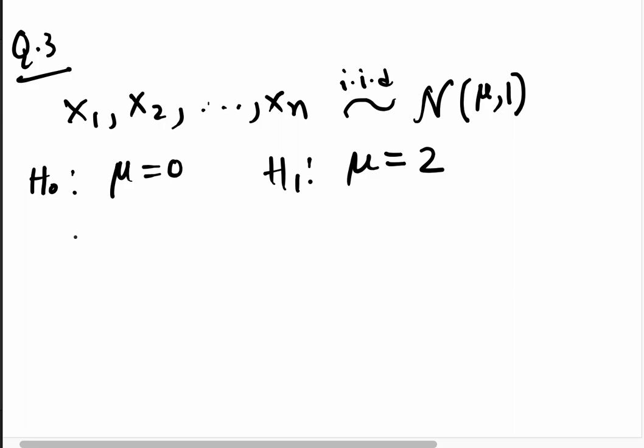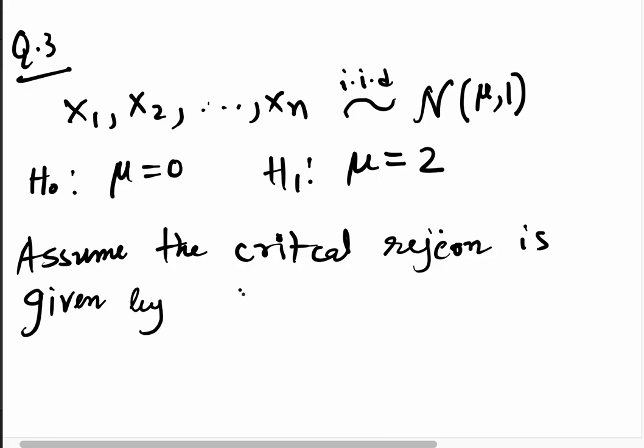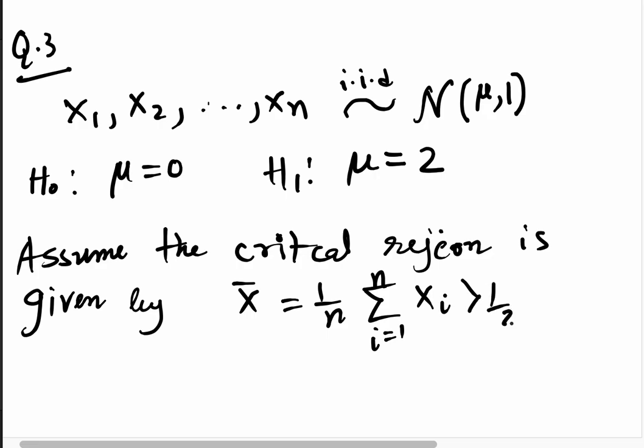Now assume the critical region is given by x bar, which is 1 by n summation of i equal to 1 to n xi, the sample mean, greater than 1/2. That is the critical region.